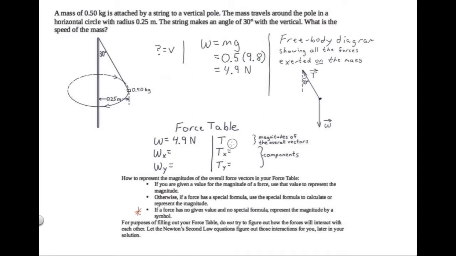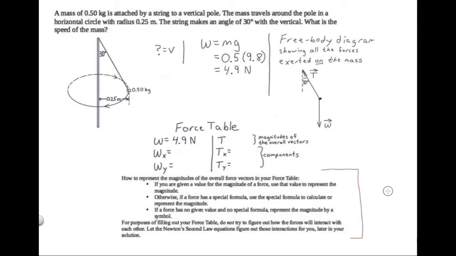We can simply represent it by the symbol capital T, written without an arrow on top, to indicate that this symbol stands specifically for the magnitude of the tension force. Notice that for purposes of our force table, we have not tried to figure out how the weight force will interact with the tension force. The Newton's second law equations will figure out that interaction for us later in our solution.